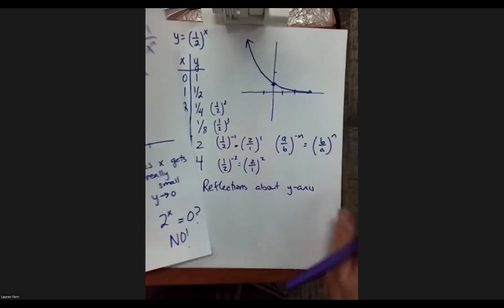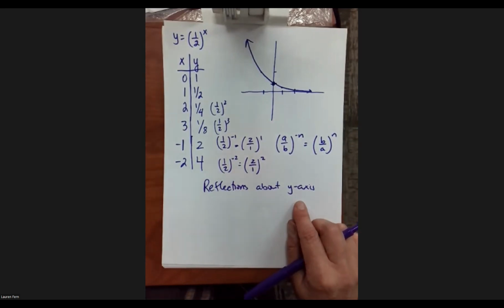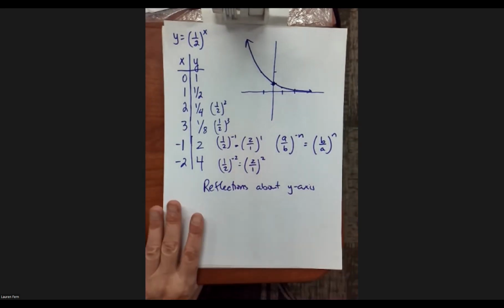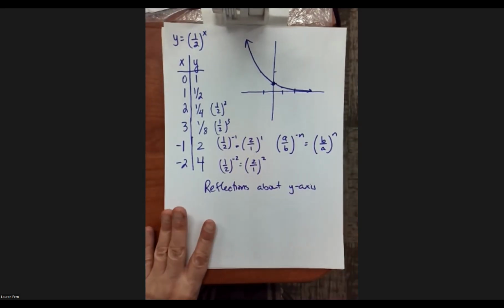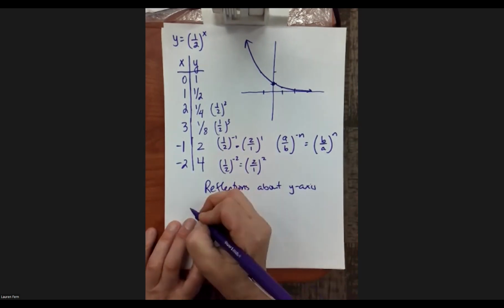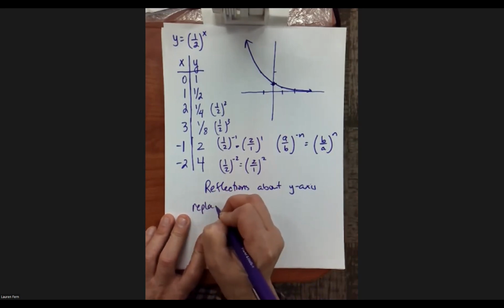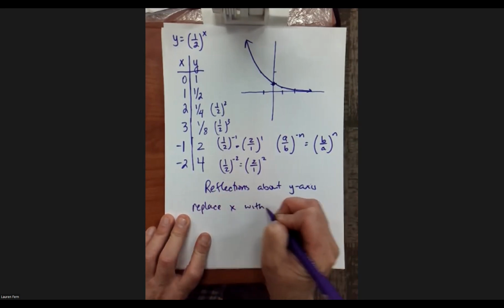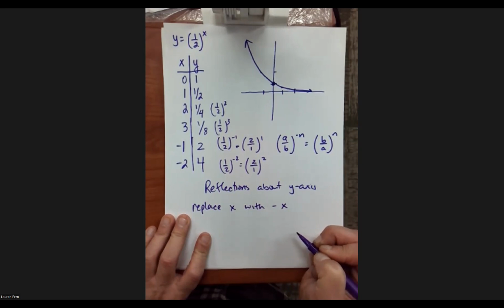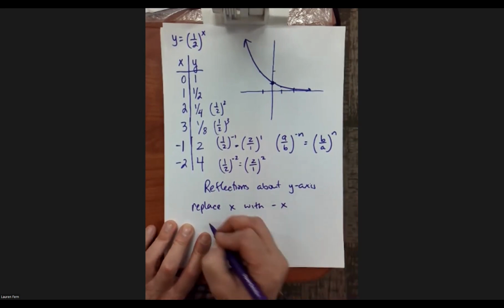But do you remember from section 1.5 what it is that you do to reflect about your y-axis? If you don't remember, it's fine. Isn't that where we replace x with negative x? Check it out.